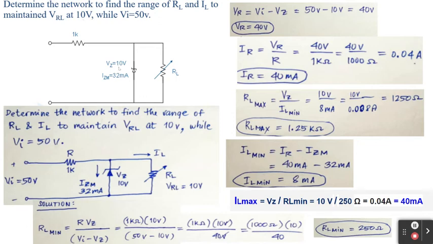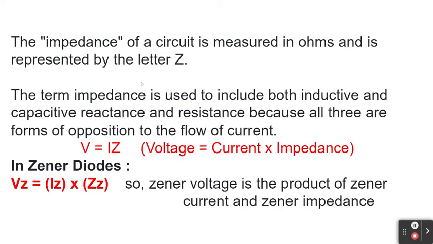10 volts Zener voltage. So let's move on with the impedance. By theory, the impedance of a circuit is calculated or measured in ohms, and this is represented by the letter Z. The term impedance is used to include both inductive and capacitive reactance and resistance because all three are forms of opposition to the flow of current.